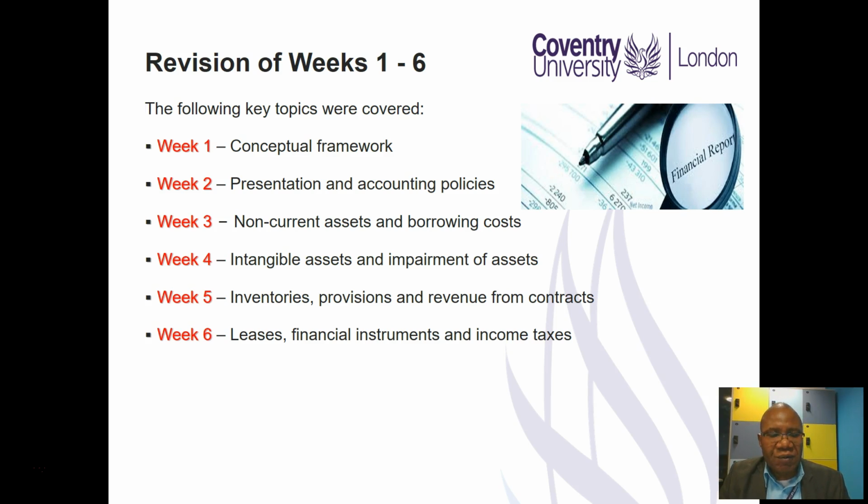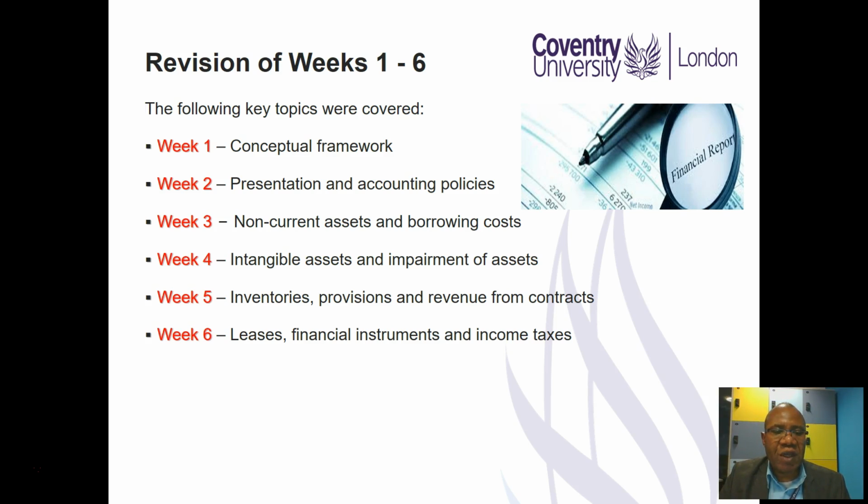In this video, I will cover some revision of key topics that have been covered in weeks 1 through to 6. In week 1, we looked at conceptual framework. In week 2, we considered presentation of financial statements and accounting policies.